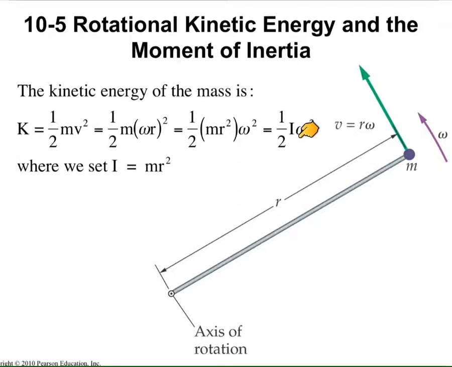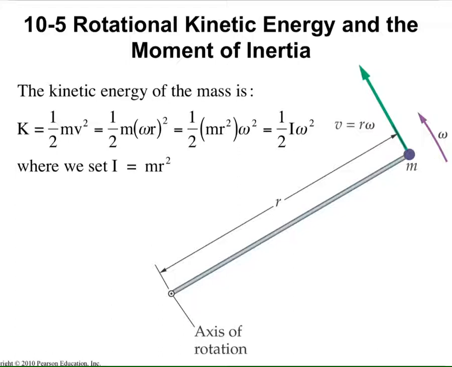So in terms of angular speed, the kinetic energy is 1/2 mr squared omega squared, and we call this special quantity, where we multiply the mass by the square of the radius of its rotational motion, mr squared, the moment of inertia of the rotation. So the moment of inertia of a point mass, if this mass is rotating around a circle, and if the circle has a radius r, is its mass times the square of the radius.